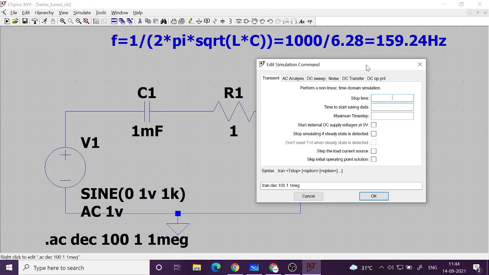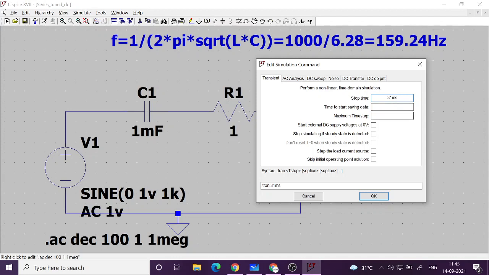Now if I want 5 cycles to be seen, 5 times that, so if I give the stop time to be 31 millisecond, then I can see 5 cycles.